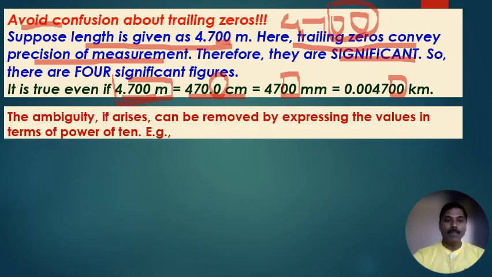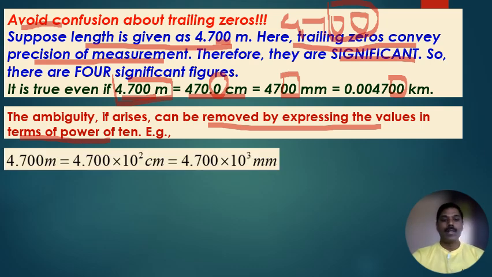The ambiguity, if it arises, can be removed by expressing the values in terms of powers of 10. For example, 4.700 meter can be expressed as 4.700 into 10 power 3 millimeter. The reason is 100 centimeter makes 1 meter. Therefore, that 100 can be taken as 10 square centimeter in place of a meter.